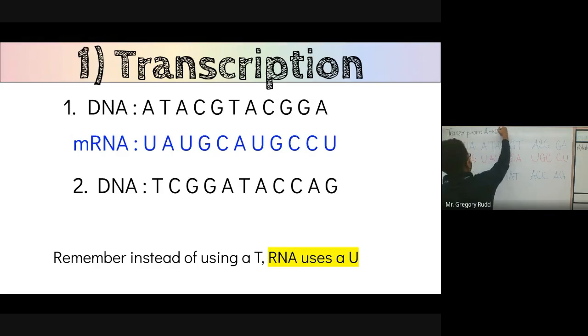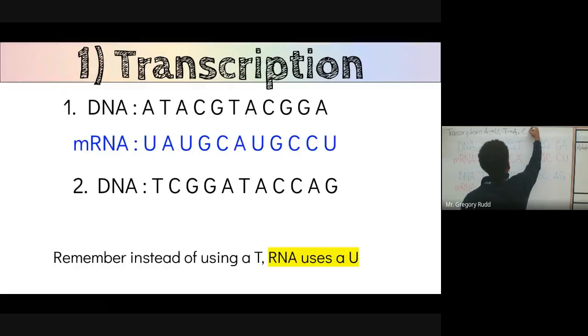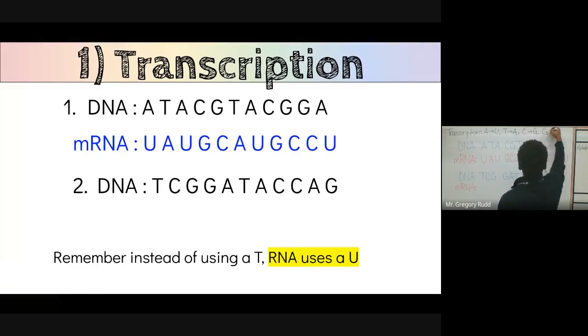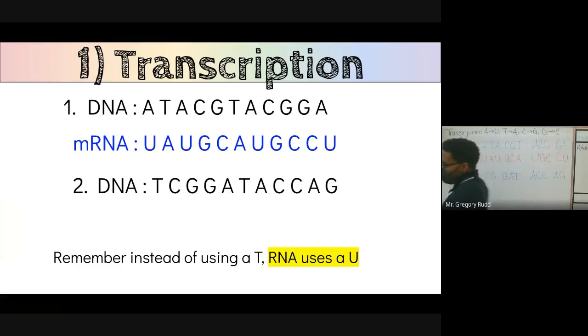What does T become? What does C become? And then what about G? Good. Okay, so this is what we mean by transcribing something. Going from one letter to the other. In this case, A becomes U, T becomes A, C becomes G, G becomes C. So down here, T is going to come as well. T, A. Good.